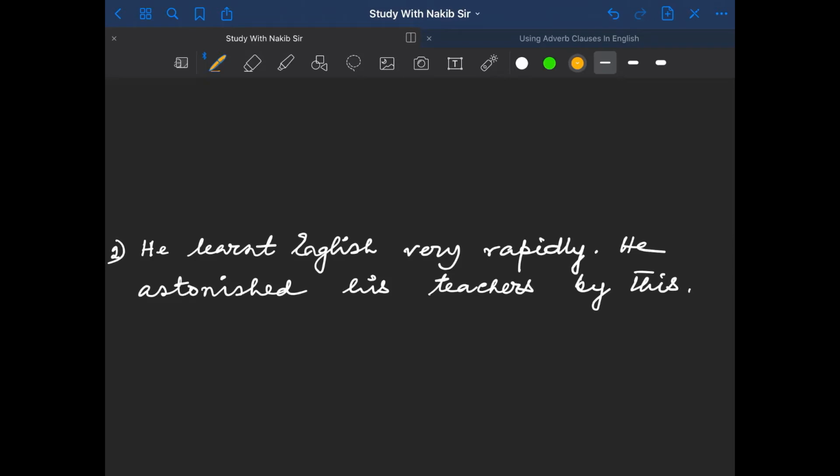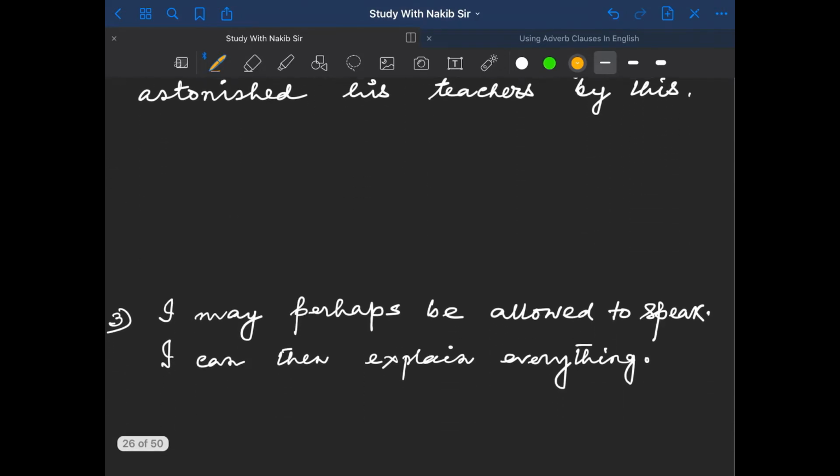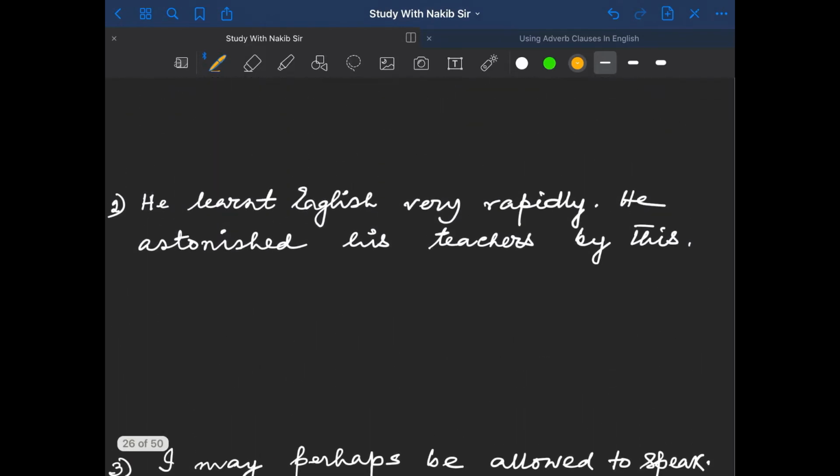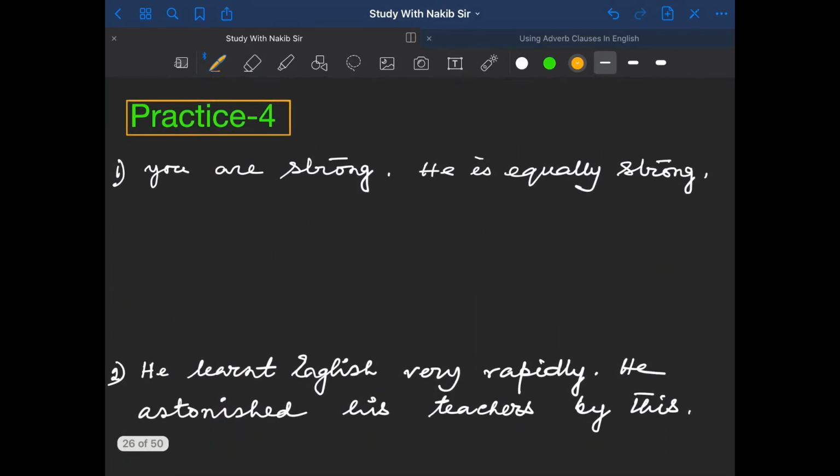He astonished his teachers by this. Number 3. I may perhaps be allowed to speak. I can then explain everything. So copy them in your exercise books and do the work.